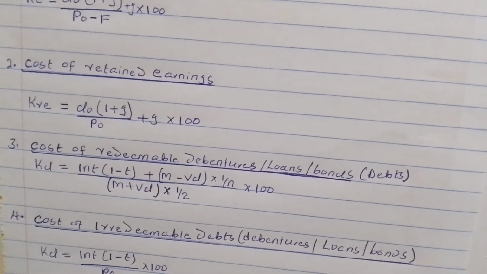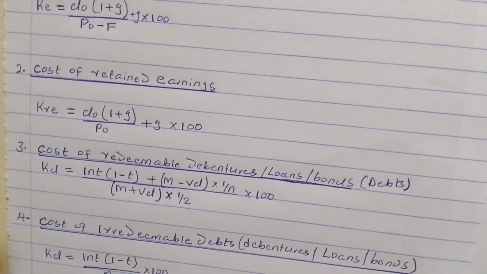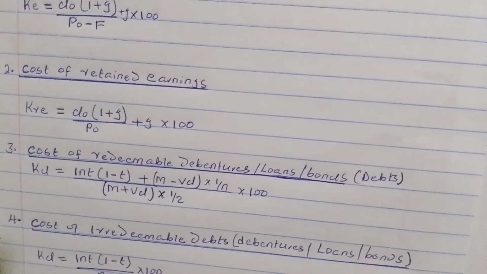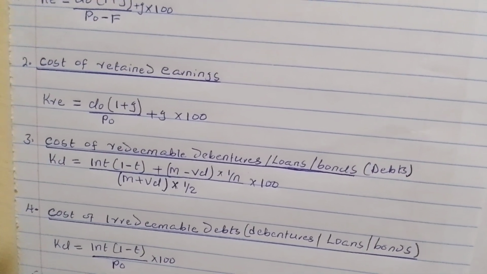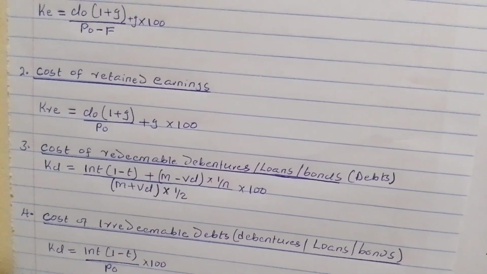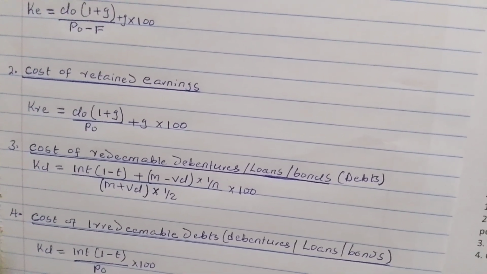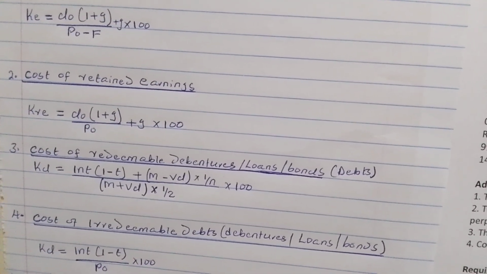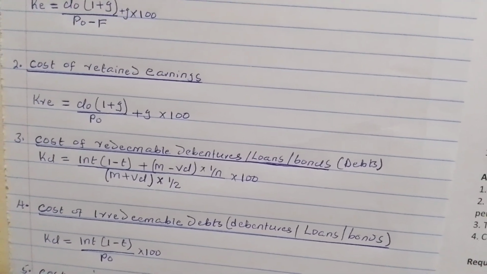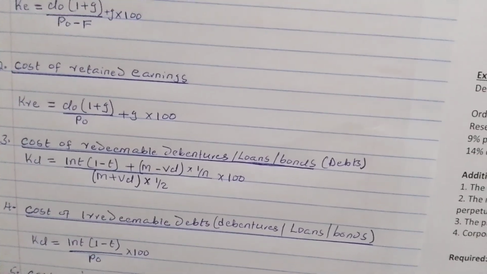The only cost incurred is the opportunity cost incurred by the shareholders for not receiving the dividends. Otherwise, there is no other cost, because this is a source of fund which is internally available to a business entity.